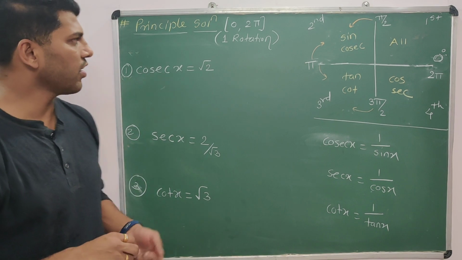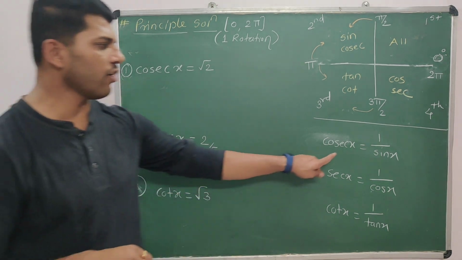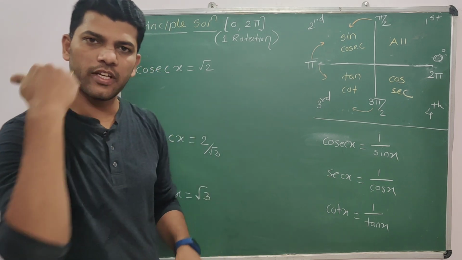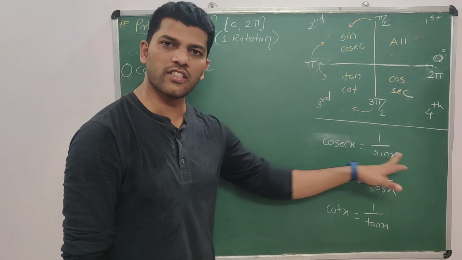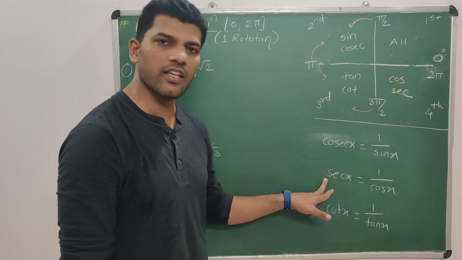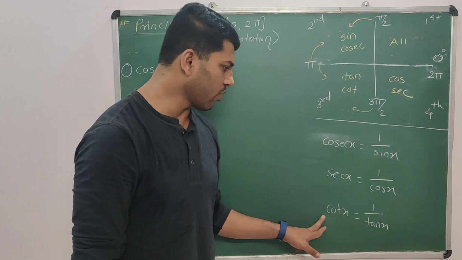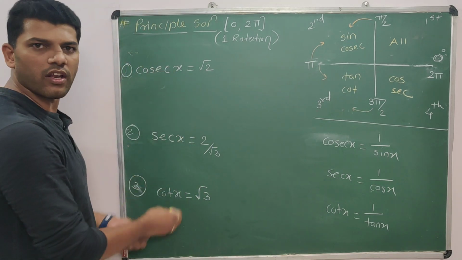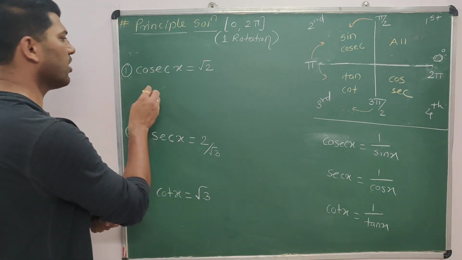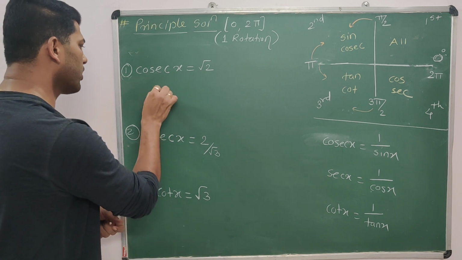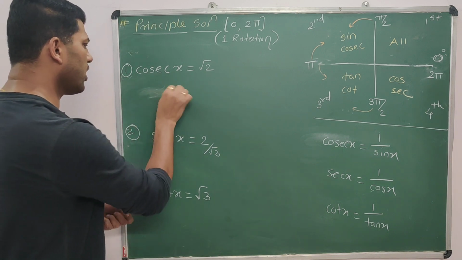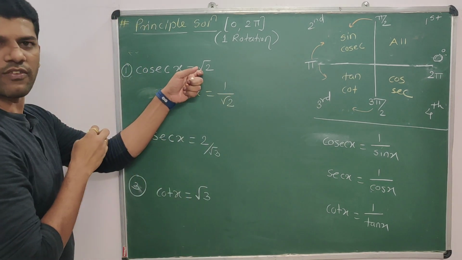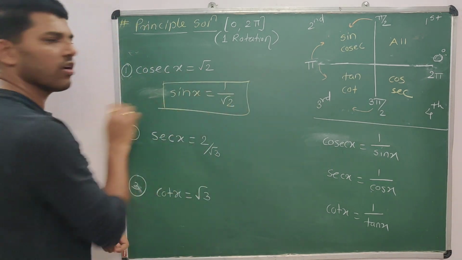So friends, in finding principal solutions, why don't we study cosec, sec and cot? The reason is quite simple: in trigonometry, cosec is the reciprocal of sine, sec is the reciprocal of cos, while cot is the reciprocal of tan. So if you face cosec, sec and cot in a principal solution, do one thing: don't solve them, just convert them. Convert cosec into sine by taking the reciprocal of that value, and now you know how to solve this.